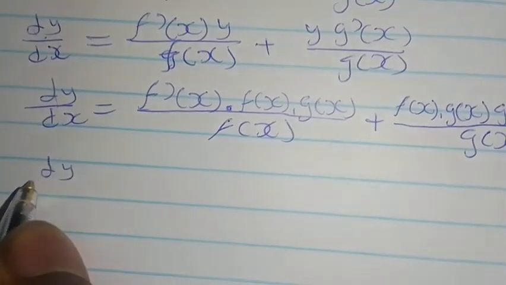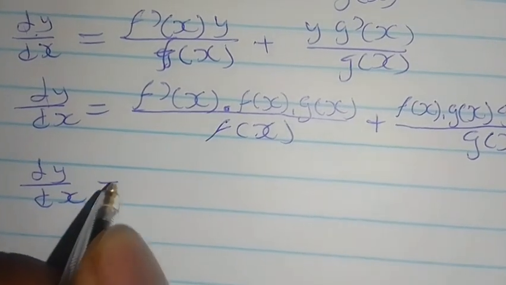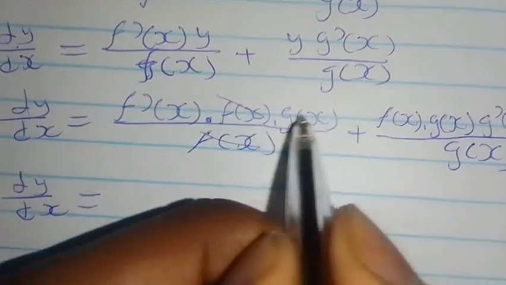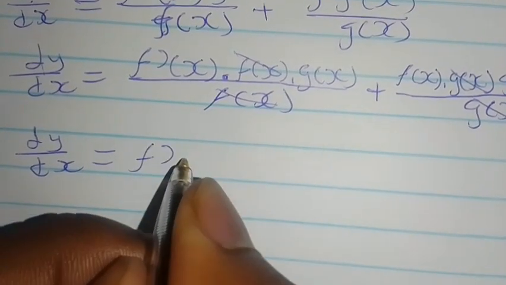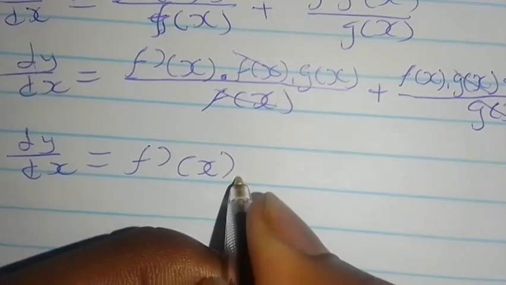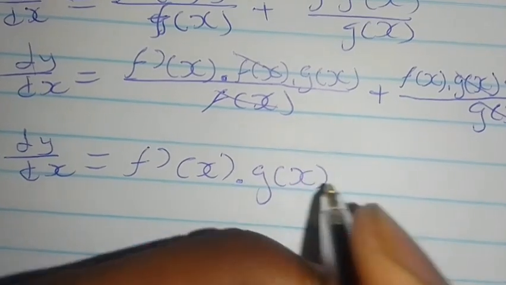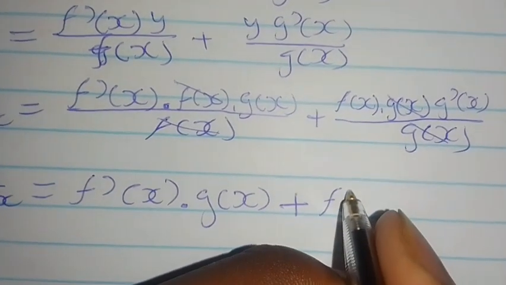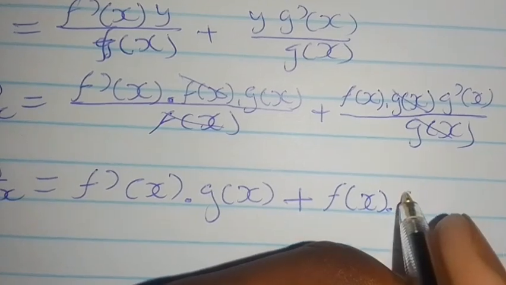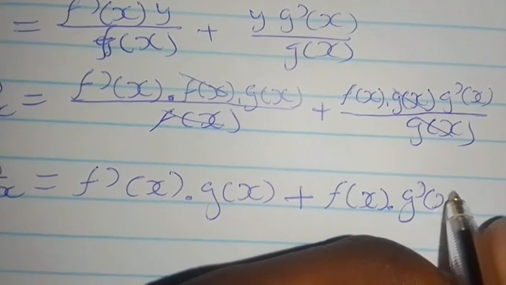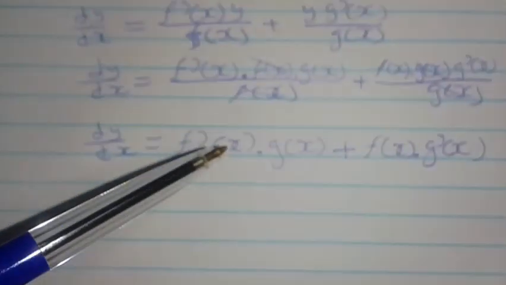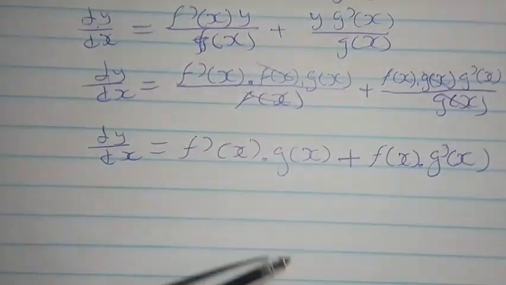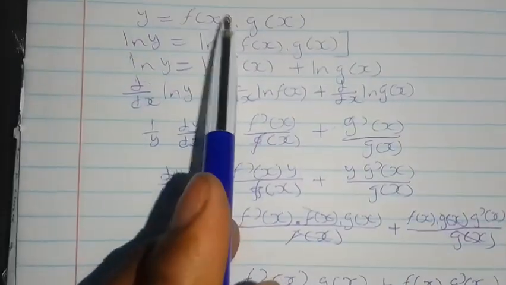Then f and f will cancel, g and g will cancel, and I have f prime of x times g of x plus f of x times g prime of x. So that's just the product rule.